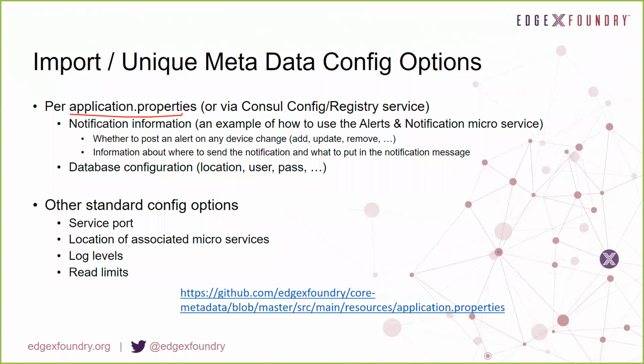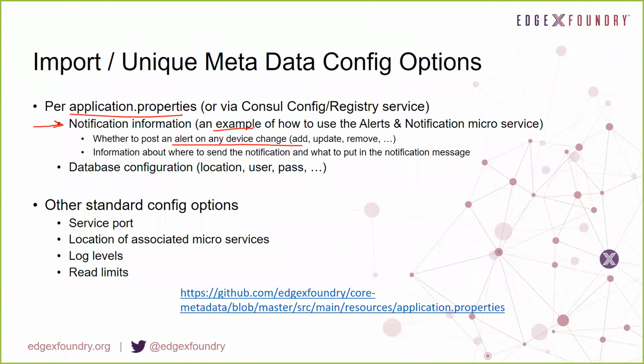We have a flag inside of metadata that is called the notification flag. What this particular flag does is allow your metadata system to send out an alert or notification any time a device, that is one of those device objects we talked about in metadata, is either added, updated, or removed. Essentially, this is a nice little example of how the alerts and notification microservice works inside of EdgeX.